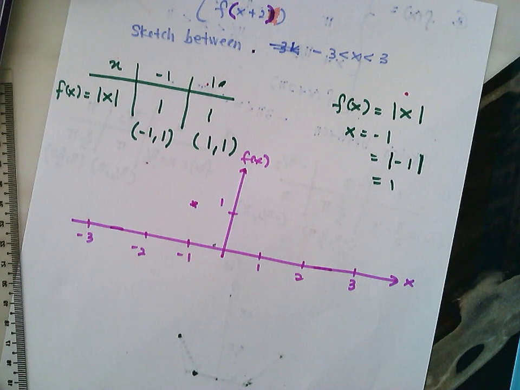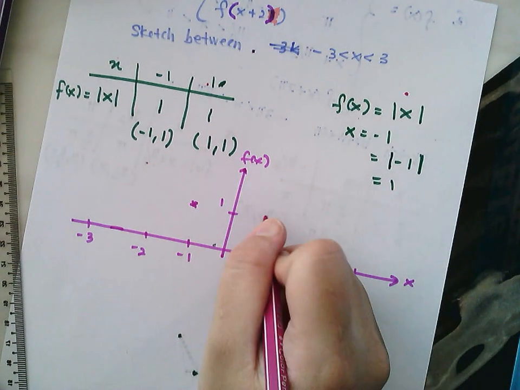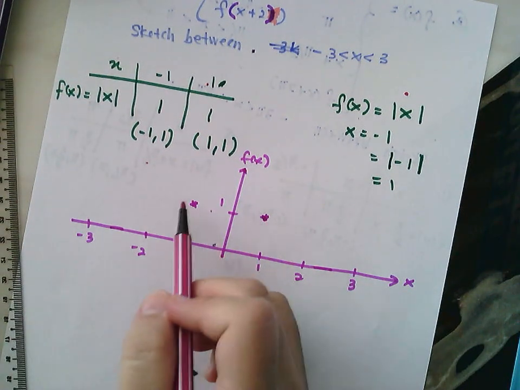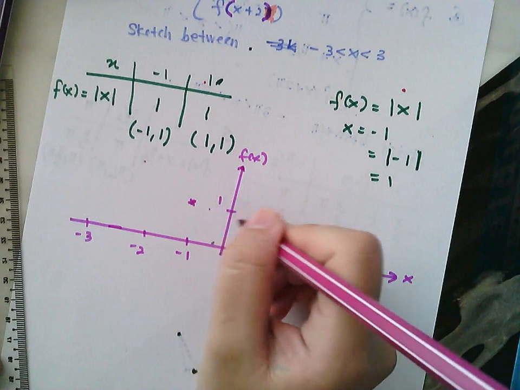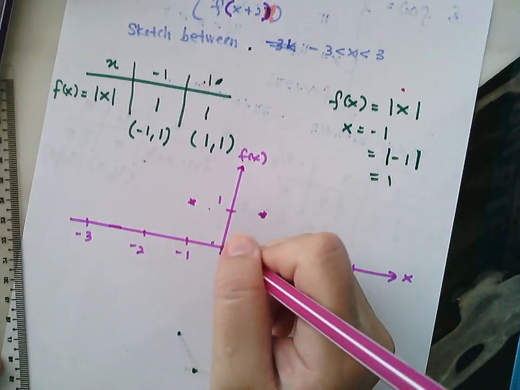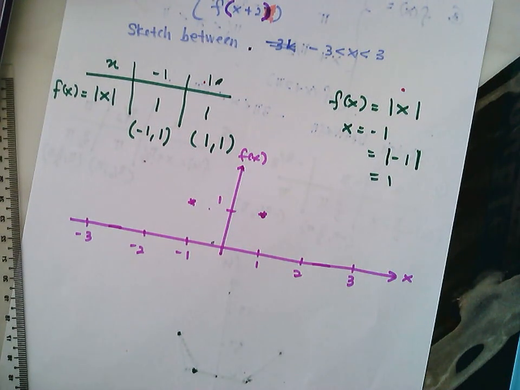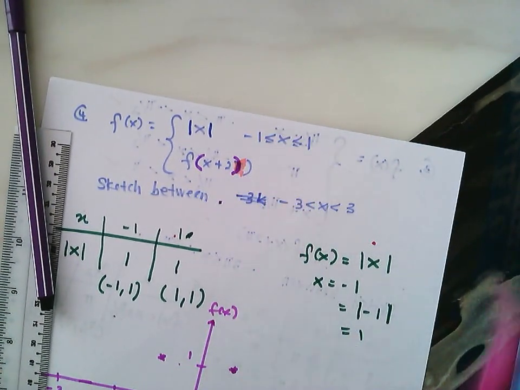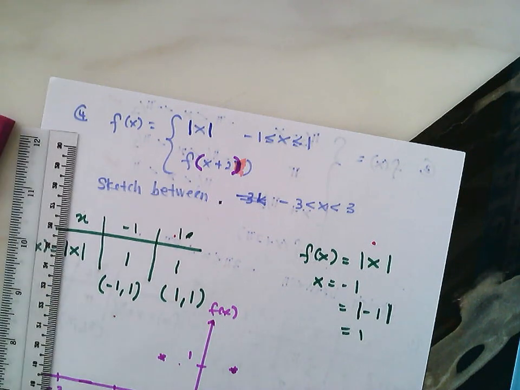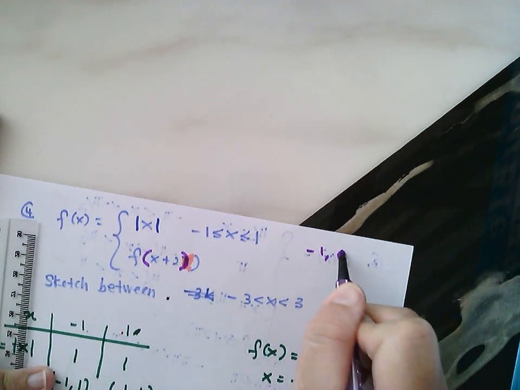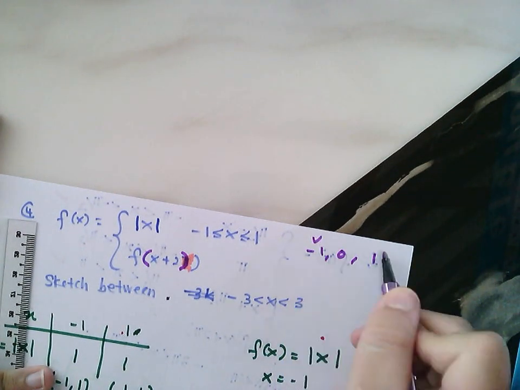The second coordinate will be 1 and 1. If you don't know how to join these 2 points, either here or the straight line here, you need to consider another point for x. As you can see, from -1 to 1, you have x equals 0. So -1, 0, 1. You already considered these 2 points.